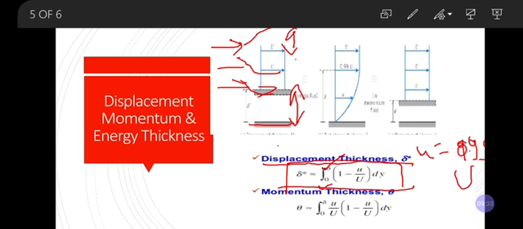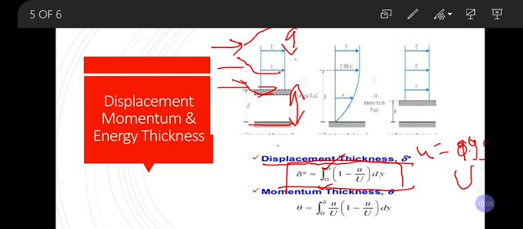Similarly, we have the momentum thickness. Just as the velocity reduces, momentum also reduces because of the disruption, that is a boundary layer or flat plate within the flow. So there is a loss in momentum. It is defined as the distance measured perpendicular to the boundary of the solid body by which the boundary should be displaced to compensate for the reduction in momentum of the flowing fluid on account of boundary layer formation.